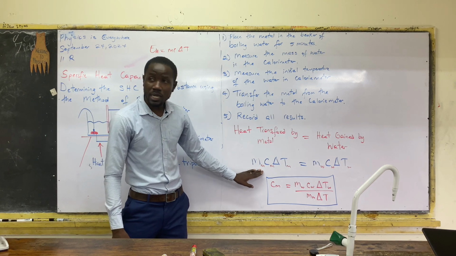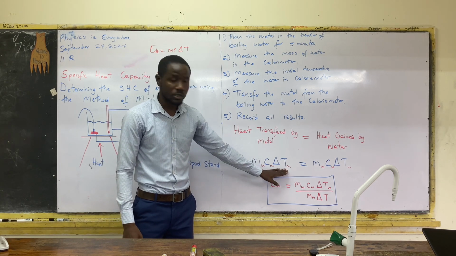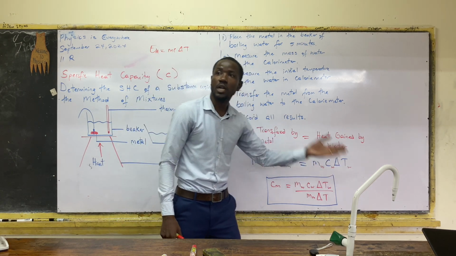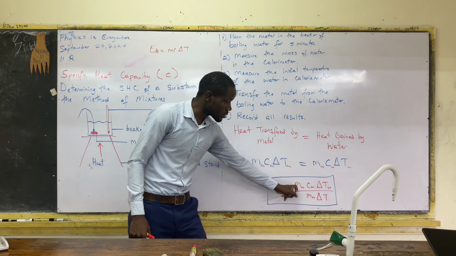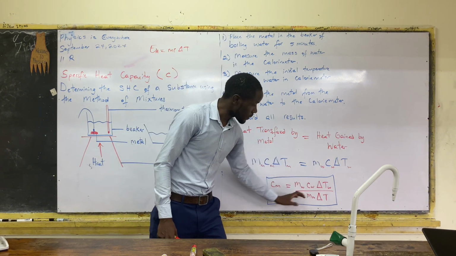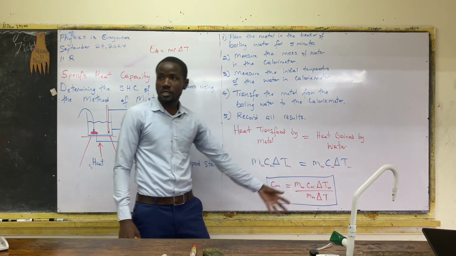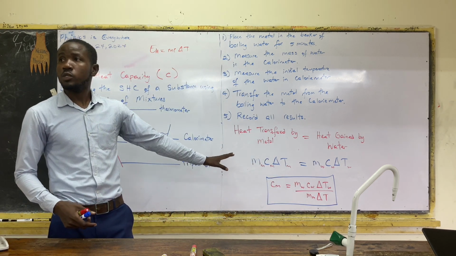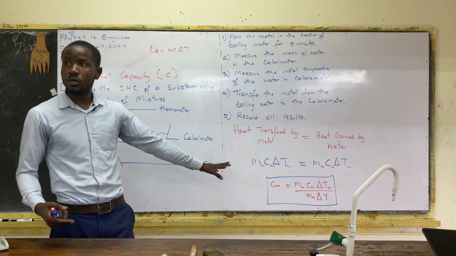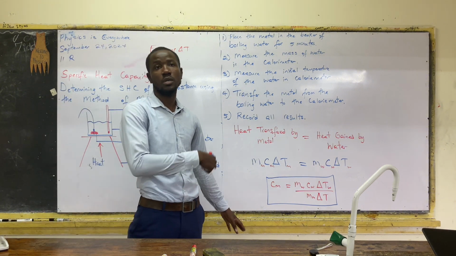So we divide both sides by mΔT for the metal, which allows us to get that the specific heat capacity of the metal is equal to mcΔT for the water divided by mΔT for the metal. So we're going to be required to use this for our lab. Tomorrow when we meet, we're going to look at some examples around this.